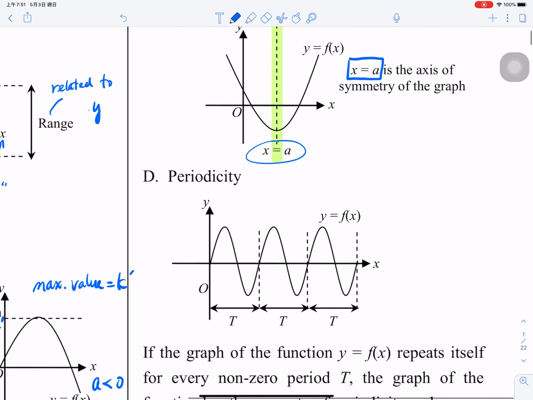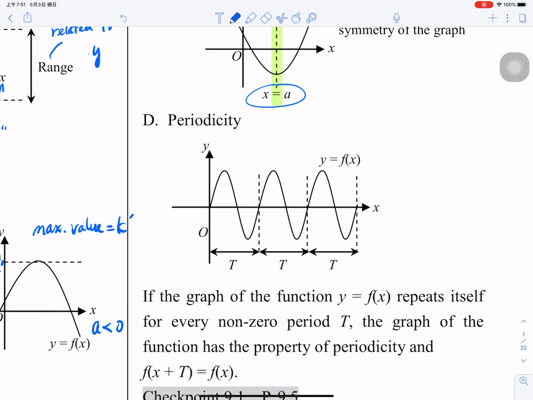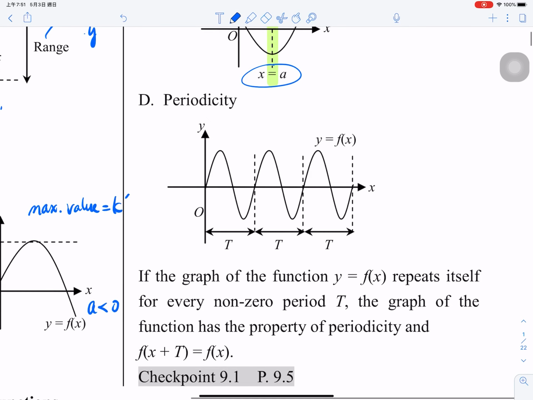D, periodicity. This one, do you remember when you see this word? Before we talked about trigonometry, graphs of trigonometry function, you've learned this word, periodicity. Have a look.